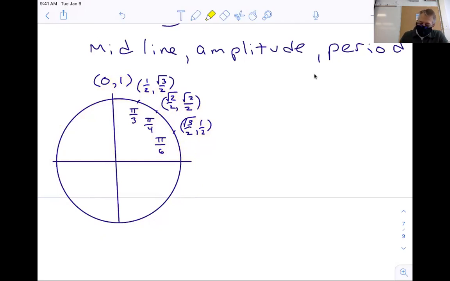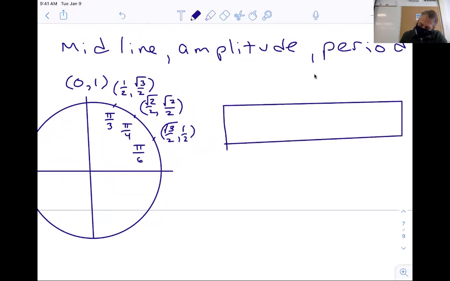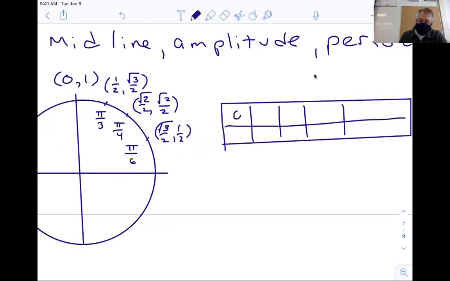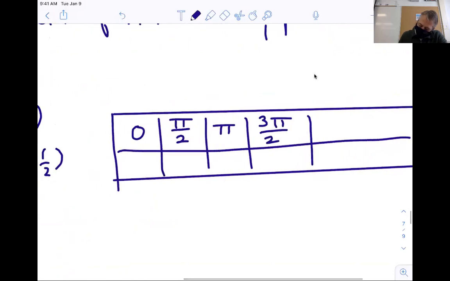Again, if we want to graph the sine graph, I'm going to make a chart over here. On the top of the chart, my inputs, I'm going to do at 0 radians, and let's do the quadrantal angles at pi over 2, pi, 3 pi over 2, and 2 pi.